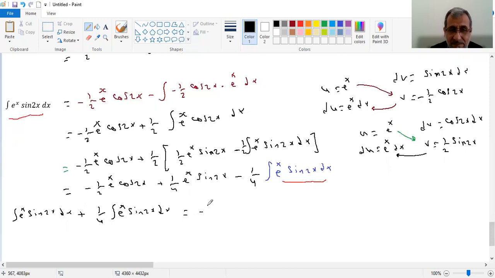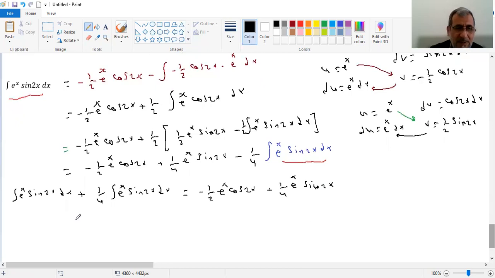Negative half e^x cosine 2x plus 1 over 4 e^x sine 2x. Then what about this one? This is y, this is plus 1 over 4 y. What it means is 5 over 4 y.